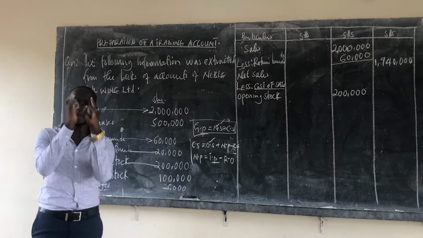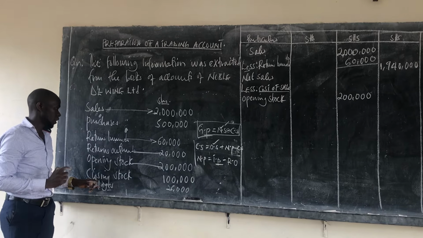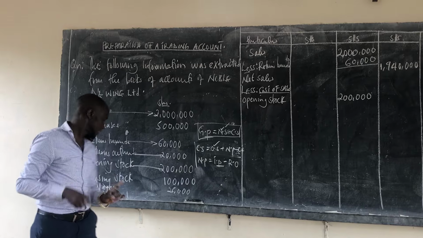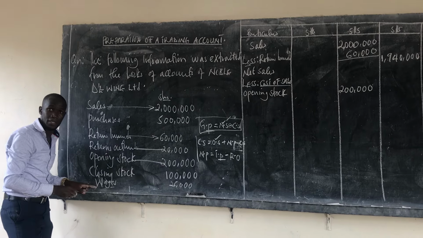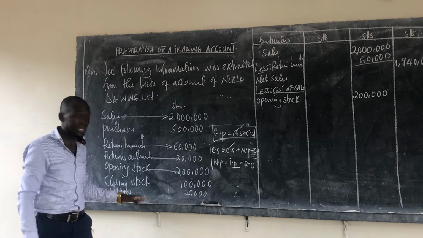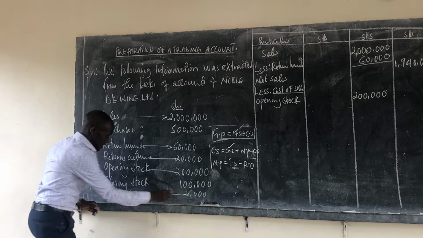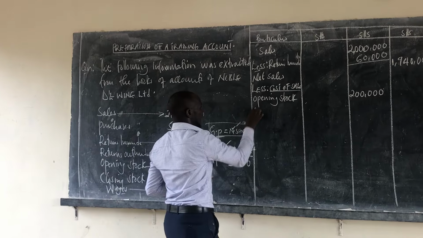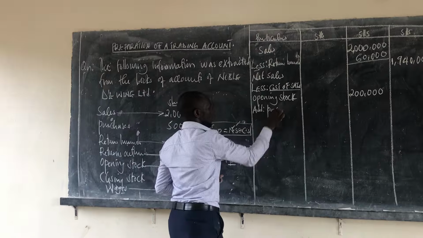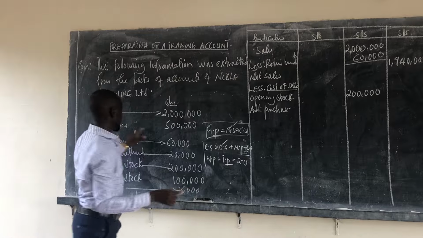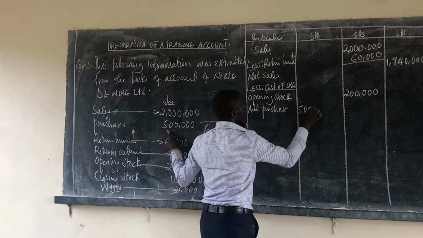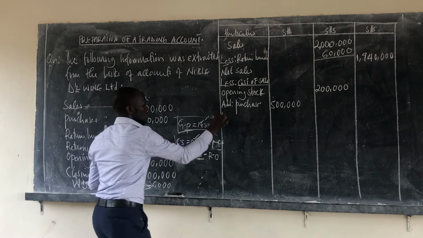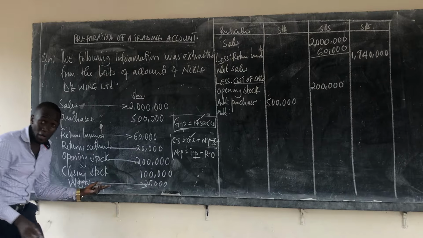If wages are given independently, we said wages are added on purchases to get the total purchases. However, if you have wages and salaries in one statement, that one is an expense. It is not treated the way we treat wages alone. So wages, 25,000. So we said add purchases. Purchases, we have 500,000. Then we add on wages because we are looking for the total purchases.